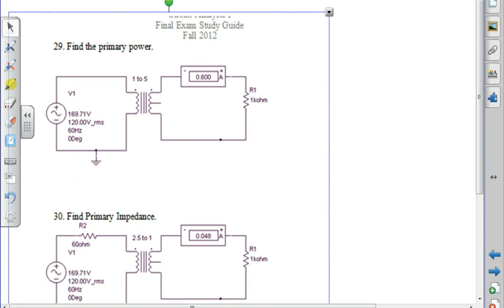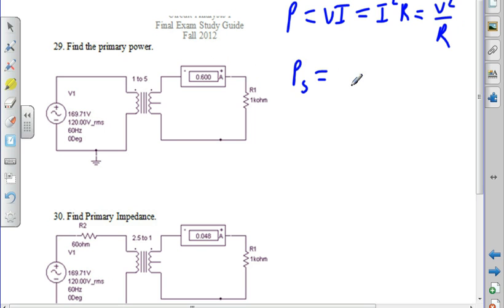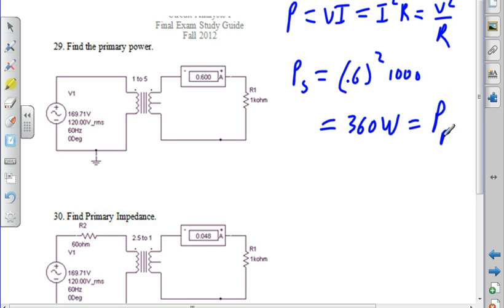Okay, find the primary power. Well, power is VI, power is I squared R, power is voltage squared divided by R. I know the amperage and the resistance. So secondary power is equal to 0.6 squared times 1,000, which is 360 watts, which is primary power, because the power has to be the same primary and secondary.